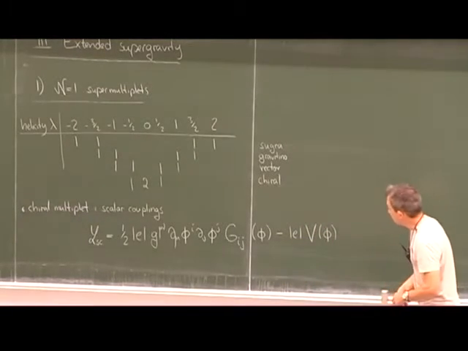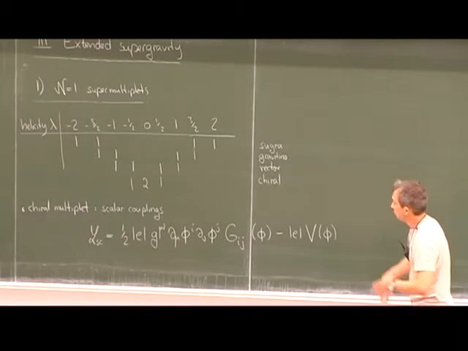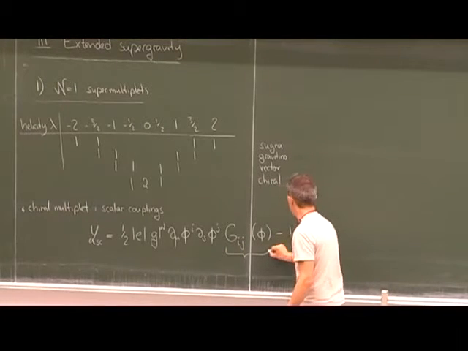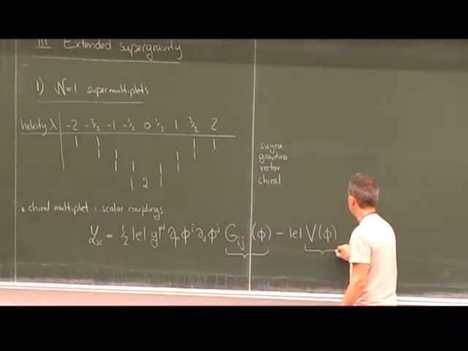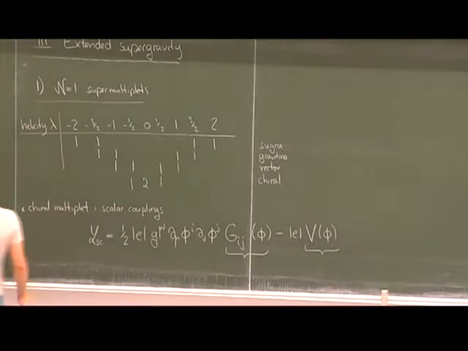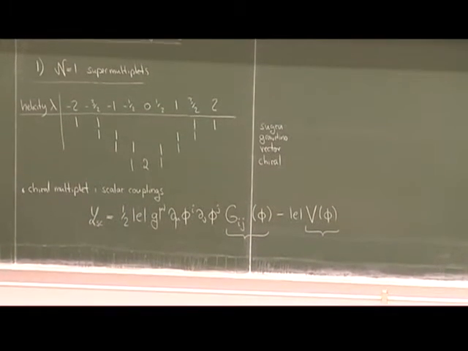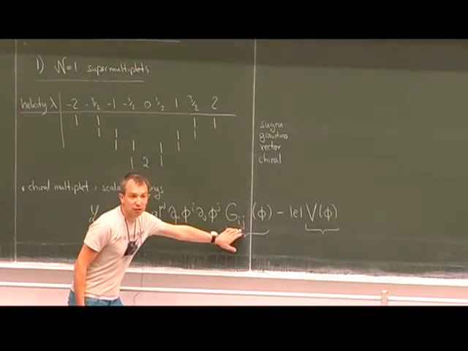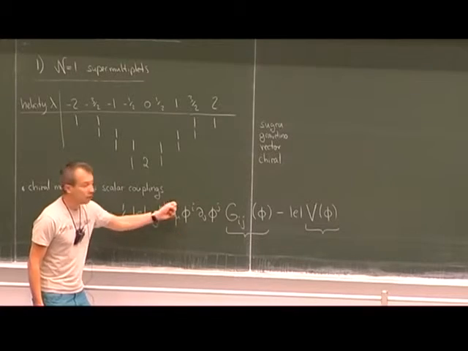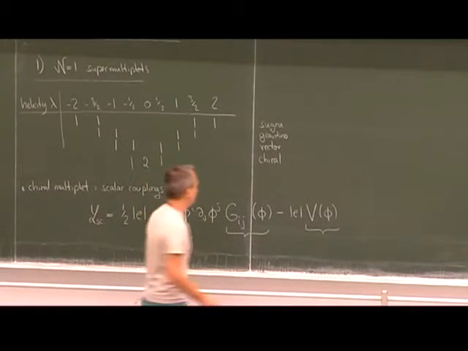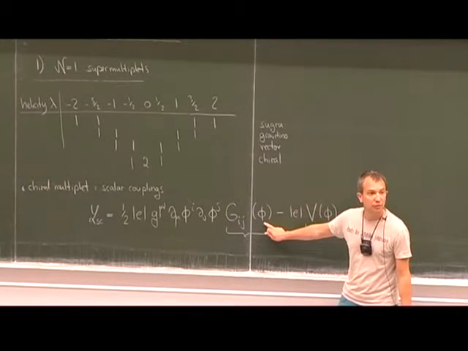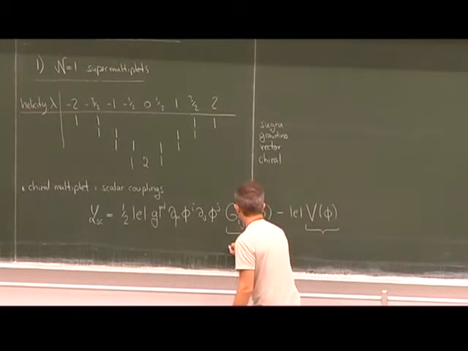So the scalar couplings are basically encoded in two objects: this matrix Gij and this function V. And this matrix, as you see, it is symmetric. It should be positive definite to make this a well-defined ghost-free Lagrangian. So this is like a metric on a space whose coordinates are the scalar fields. So that's a metric on the target space.